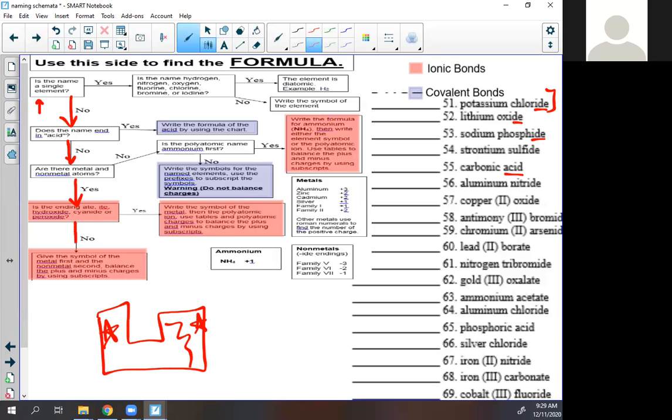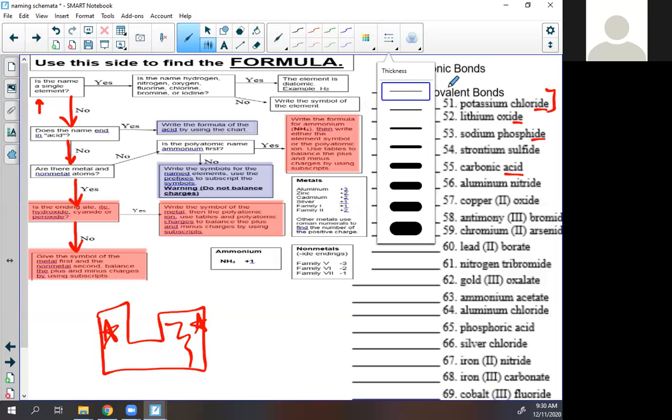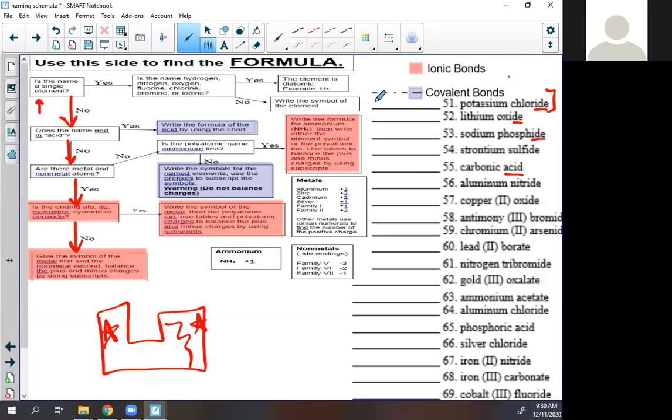No, it's just plain IDE. So this tells me the directions: give the symbol of the metal first and the non-metal second. We're not done, but it just says put the symbol, which is K, and then the non-metal second, which is Cl.